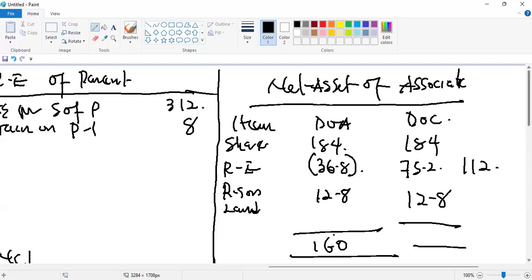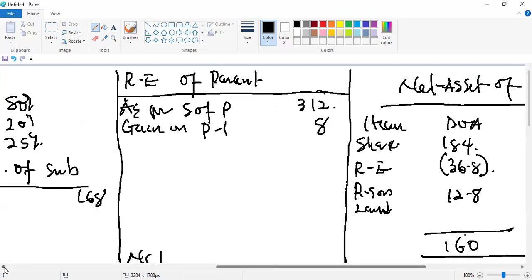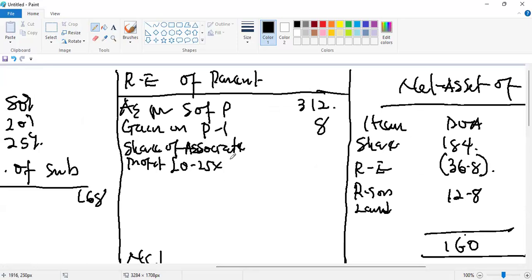So share of profit, associate. Share of associate profits is 0.25 times 112.